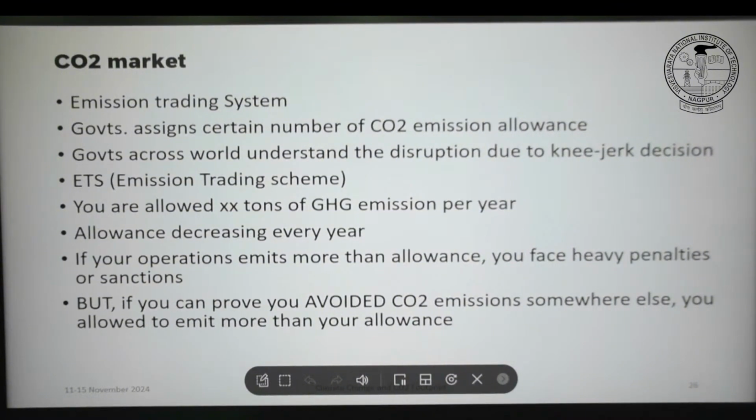So what governments decided is that the allowances will go down year by year. For example, in Europe, the power industry does not get any allowance. It doesn't mean that they are not allowed to operate. They still operate, but they do not have any allowance, which means they are forced to do something with their CO2.